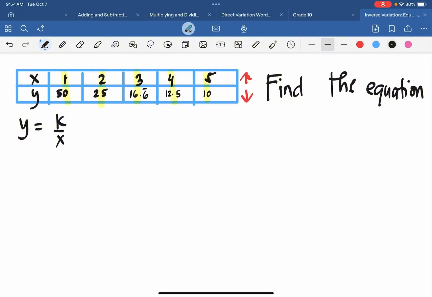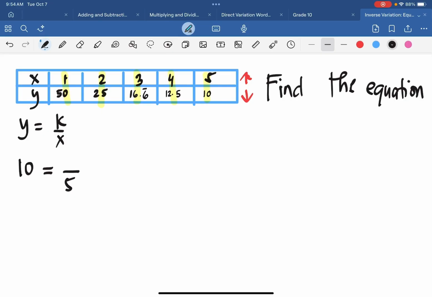Now going back to solving. You could just choose any of the pairs, from 1 and 50 to 5 and 10. You could just stick to 1 and 50, but let me just try 5 and 10 here. So my value of y is 10, and my value of x is 5.